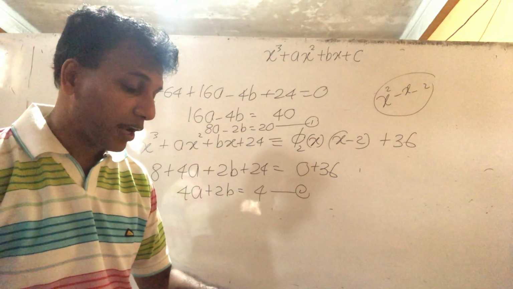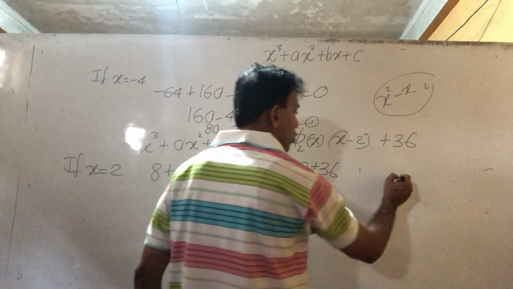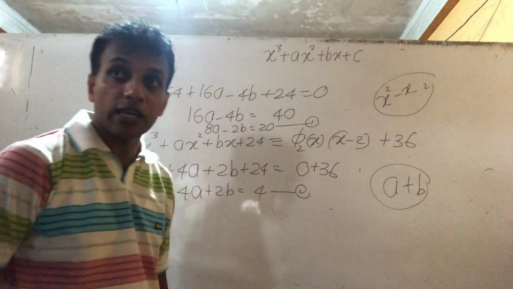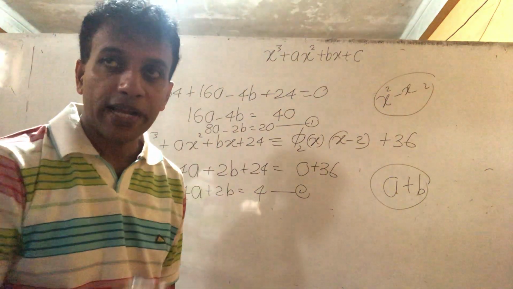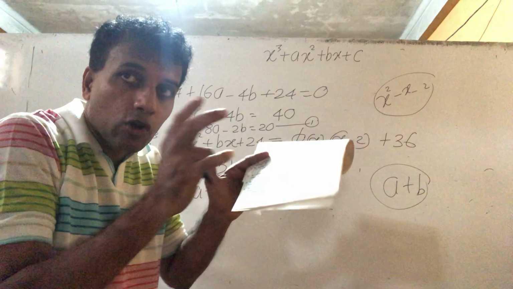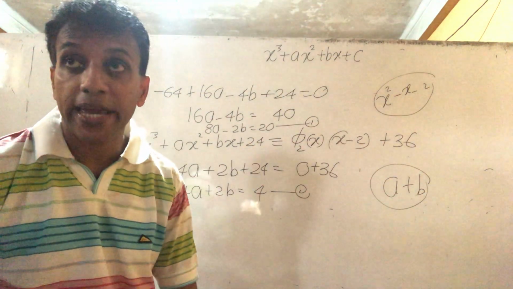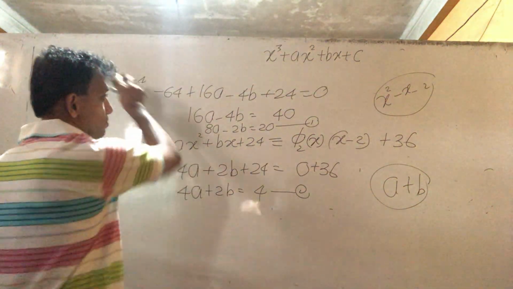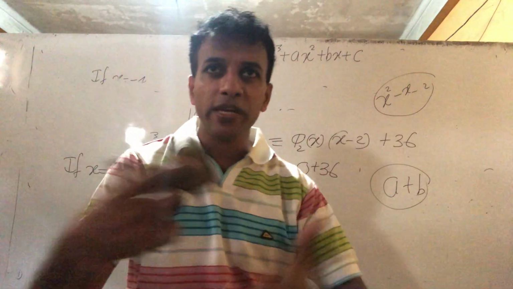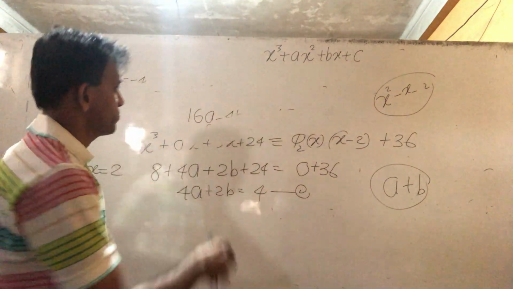Then find the value of a plus b. Not the a value separately. You can't find the b value separately, I think. Find the combined value of the sum of a and b, right? Okay, so you can pause the video and complete it, check your accuracy of the solutions with me.